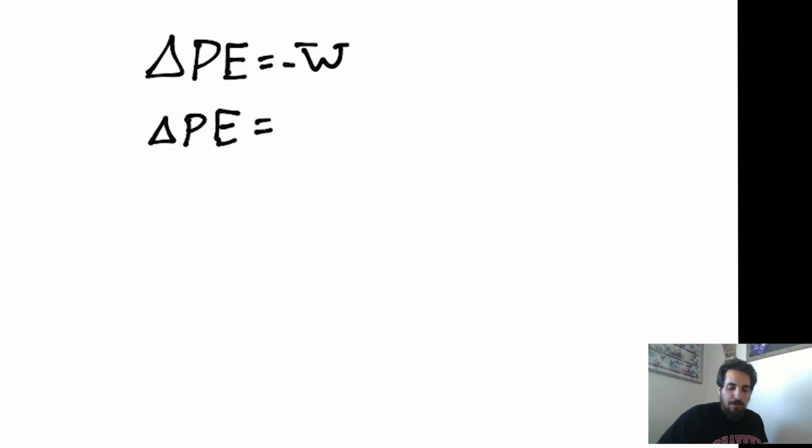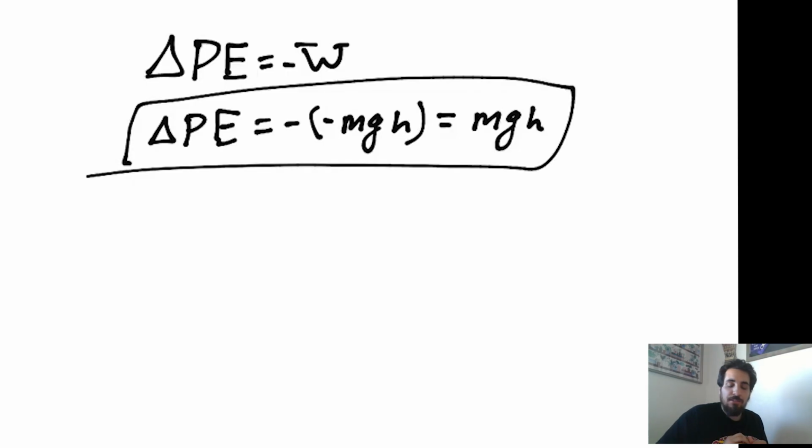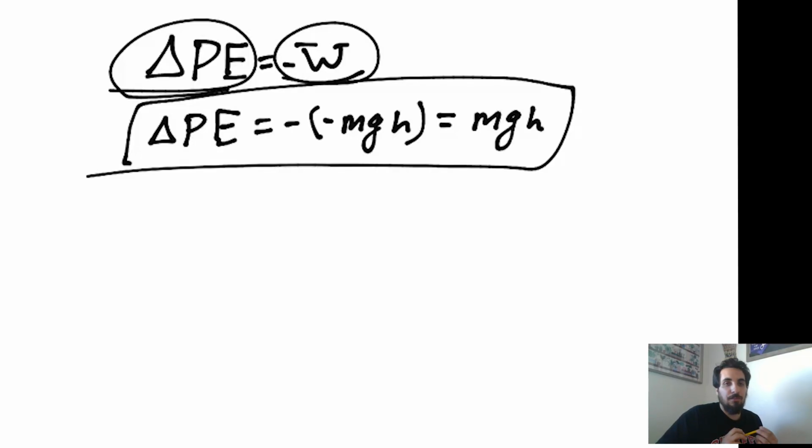And if we move upwards, we say the work done is negative mg times the height that we move upwards. In other words, the change in potential energy as we move upwards is mgh. So how do we determine the potential energy? The potential energy is given from the negative of the work.